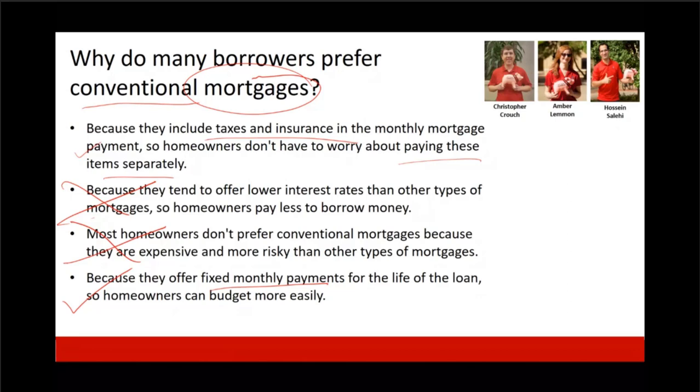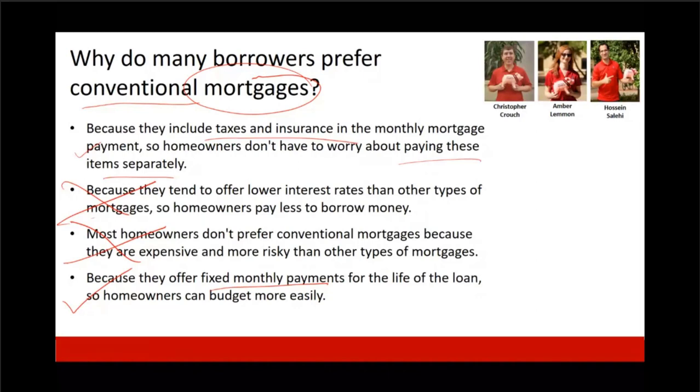So this is why I wanted to bring this up. It looks like there's two right answers, correct? But remember, we're comparing conventional mortgages to some other type of mortgage, so an ARM or a balloon or something else. This first one, I'm not going to circle that. Is this unique to conventional mortgages?